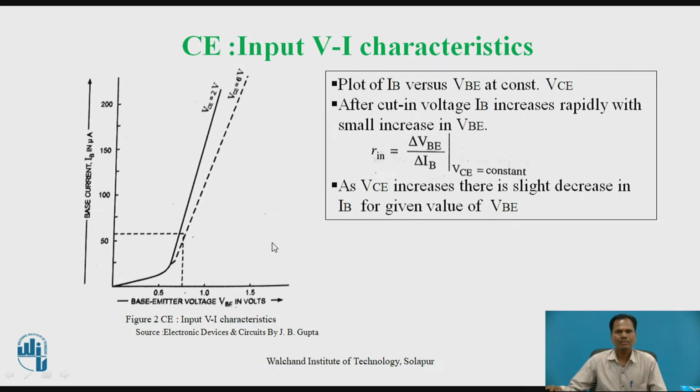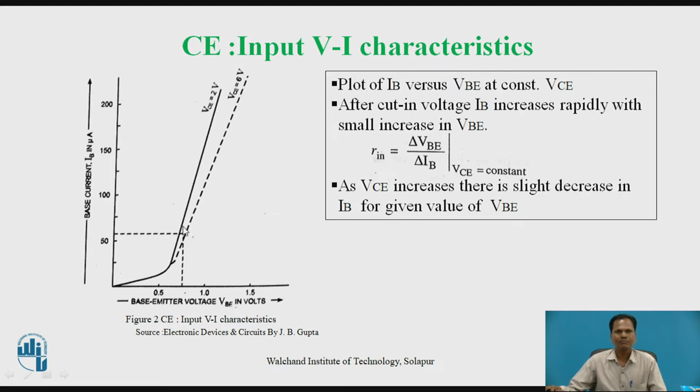When base emitter voltage just exceeds the cut-in voltage of the transistor, the base emitter junction is forward biased, and after that there is a sudden increase in base current IB. IB increases rapidly, sharply, with further increase in base to emitter voltage, once the cut-in voltage is exceeded.